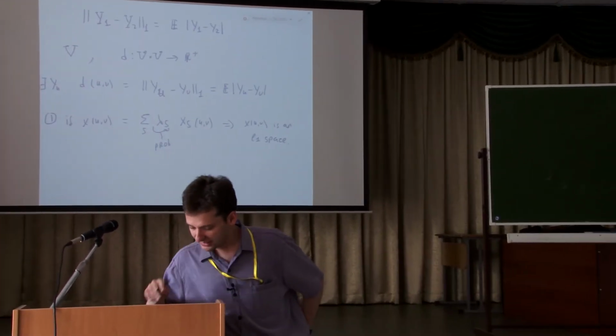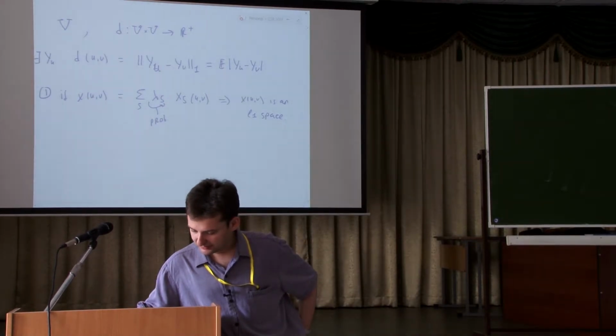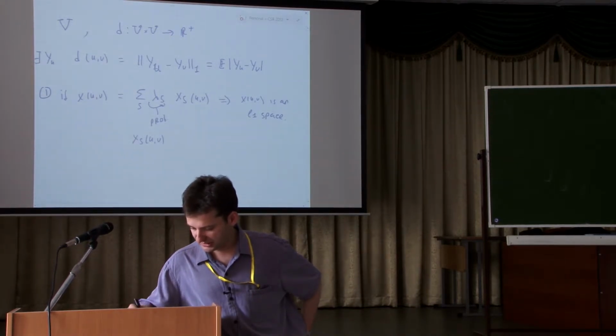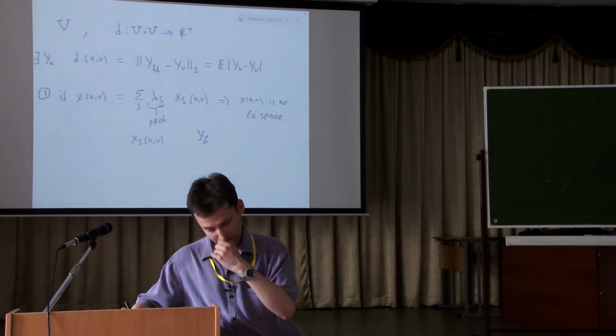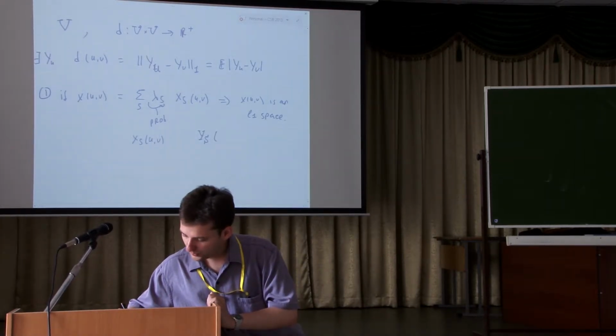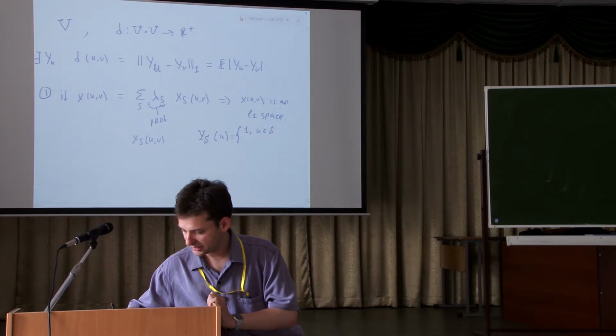So if you have a cut metric x sub s uv, it corresponds to some cut s, and we can define a new random variable y sub s. y sub s of u is going to be 1 if u belongs to the left part of the cut, so to S itself, and 0 if u doesn't belong to the set S, right?